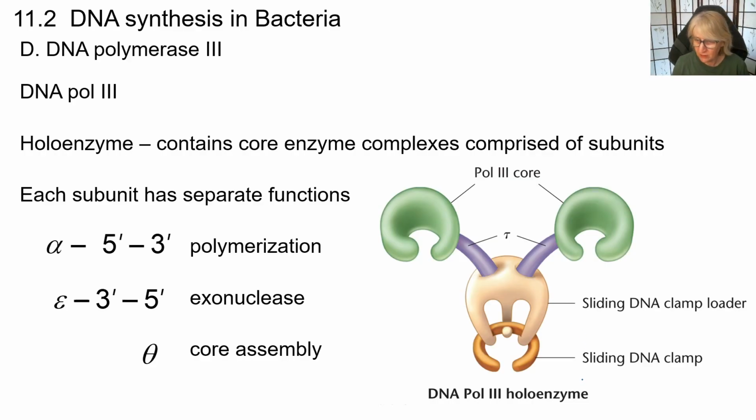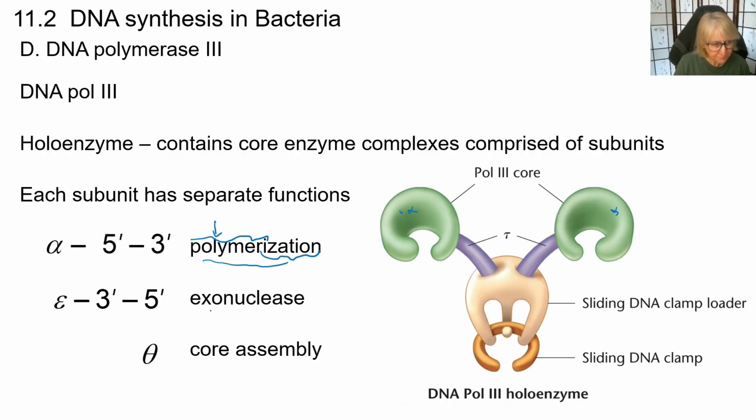There is an alpha unit here, and an alpha unit here, that are doing the actual polymer building. Polymerization means the action of doing the thing. They're building the new DNA polymer strands.